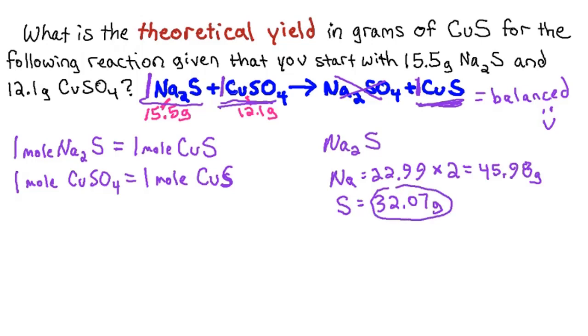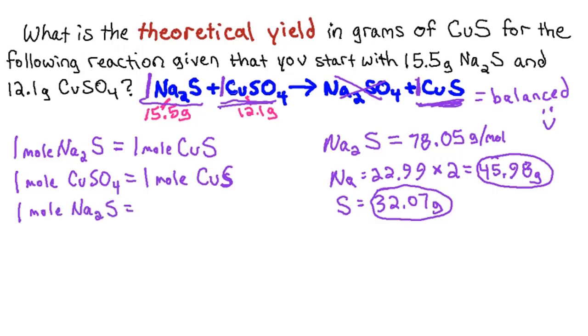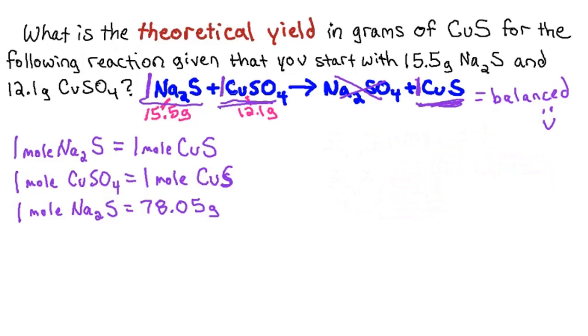So we need to add this 32.07 grams and this 45.98 grams, which will give us 78.05 grams per mole of Na2S. So we can write that down in our data table now. 1 mole of Na2S equals 78.05 grams. Now we need to do the same thing for CuSO4.